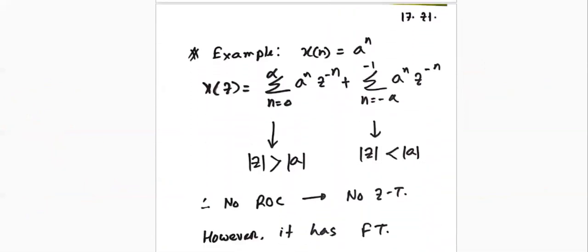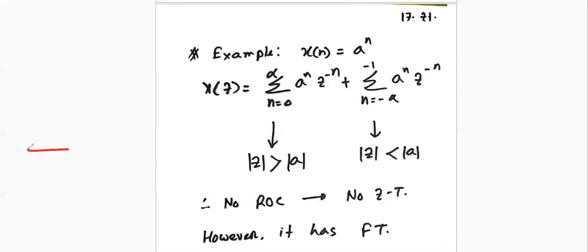Okay. There is an exceptional example here. Let's say x[n] is equal to a to the power n. We don't have u[n] there. So that means it is a two-sided sequence. For any value of n, you get a sample.